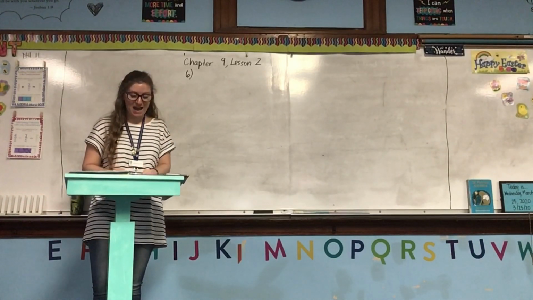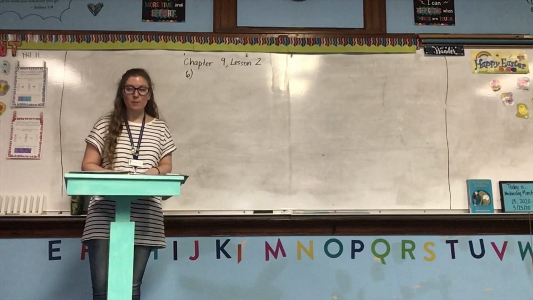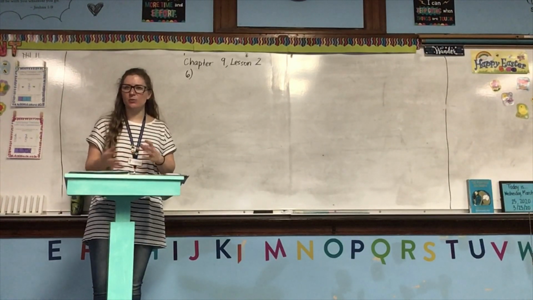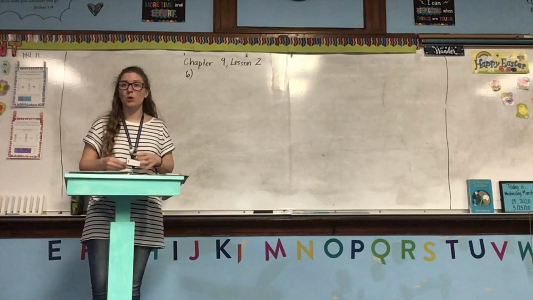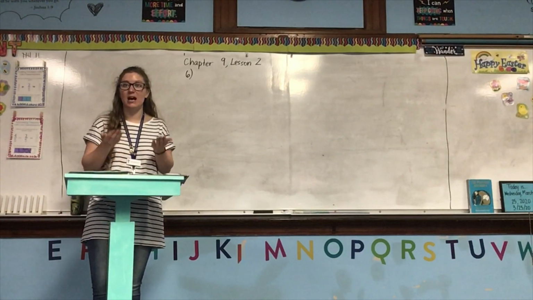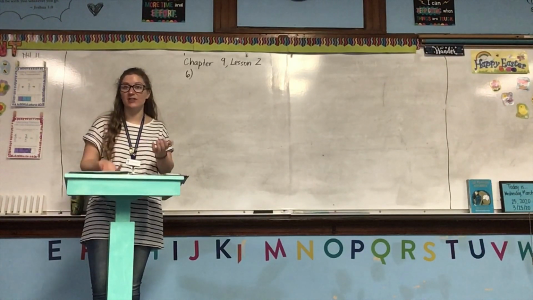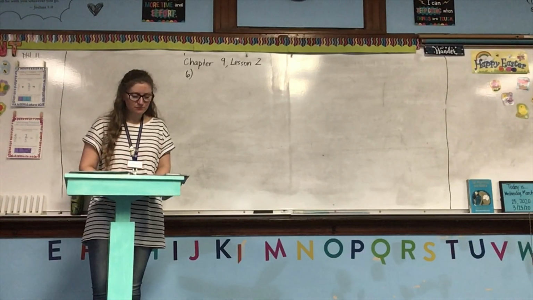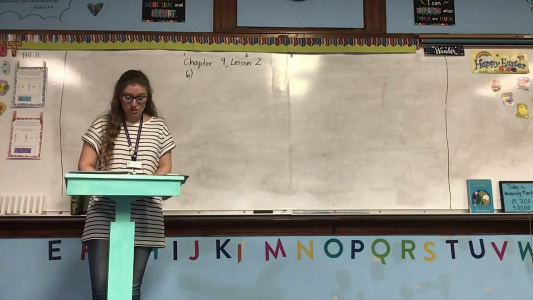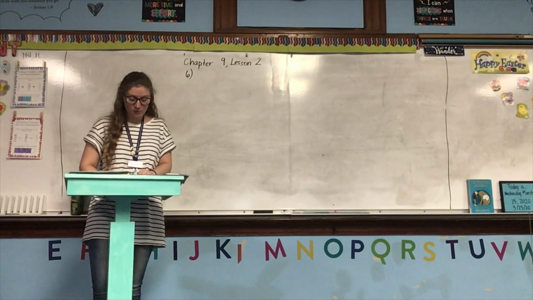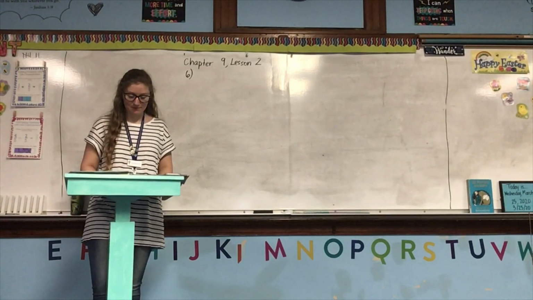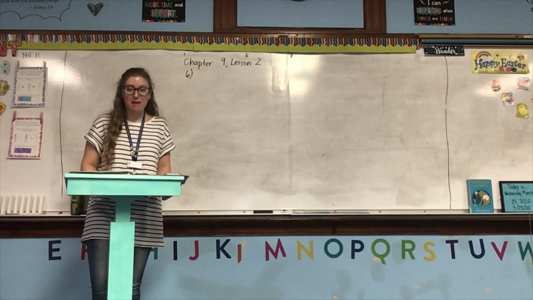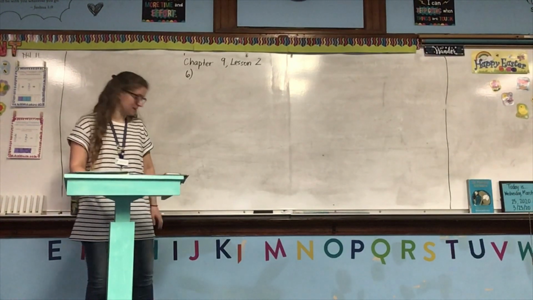Sand has more mass than air. So remember, density doesn't really matter size or shape. It's more about the mass, or how much the object weighs, like whether it's heavy or light. The relationship between mass and volume is called density. Density is the amount of matter in a given space.